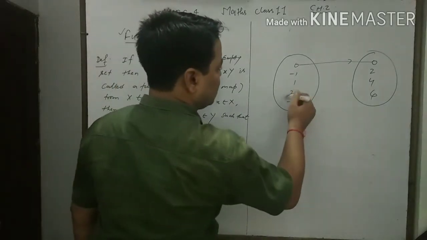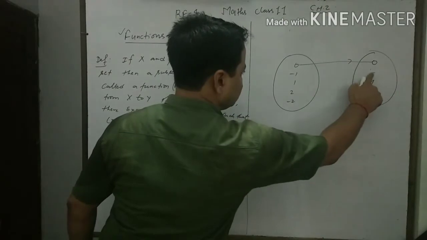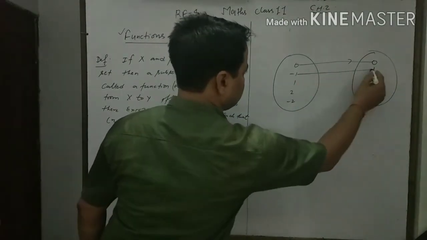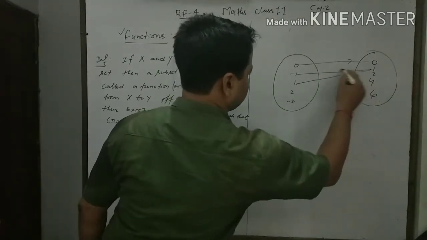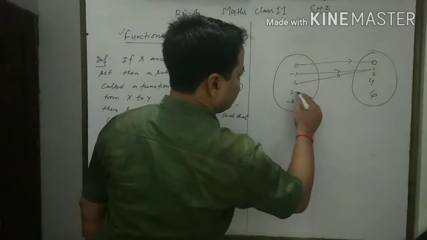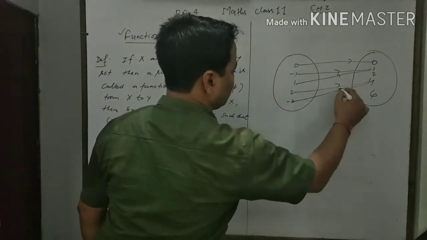Here the square of -1 and the square of 1 is 1, and this is related to this and this is also related to this. Here the square of 2 is 4 and the square of -2 is also 4.